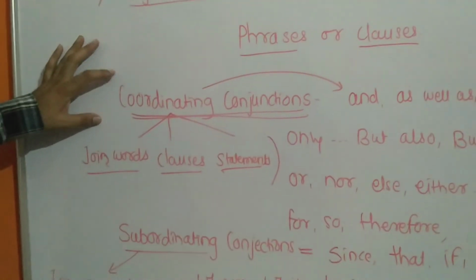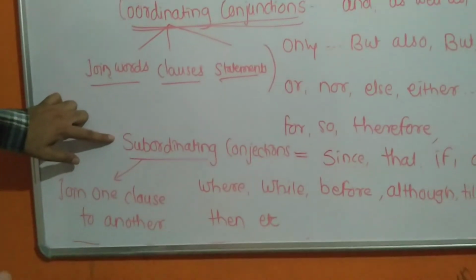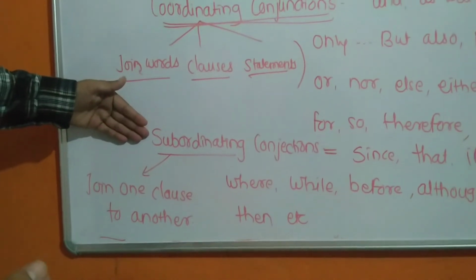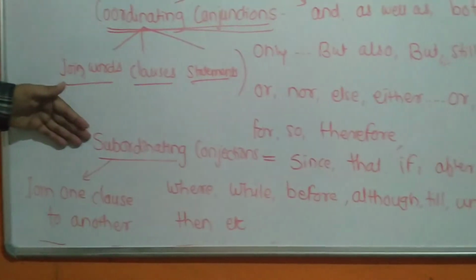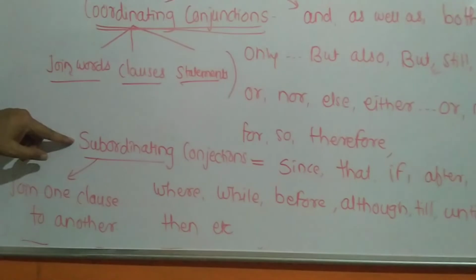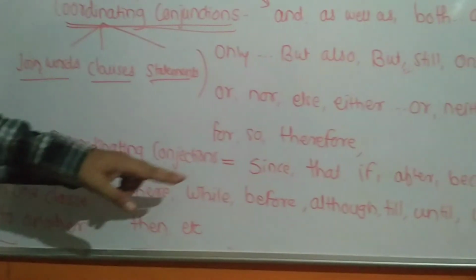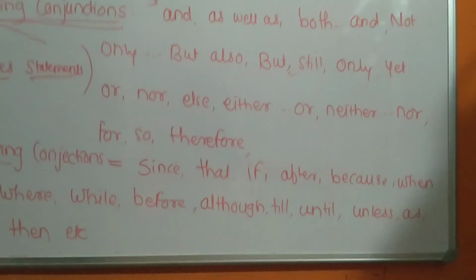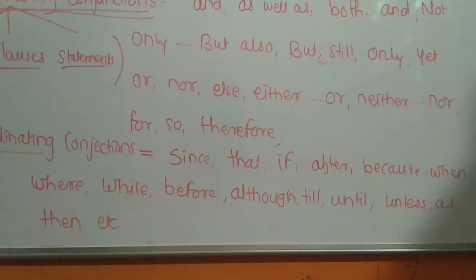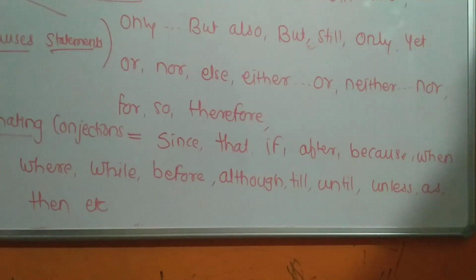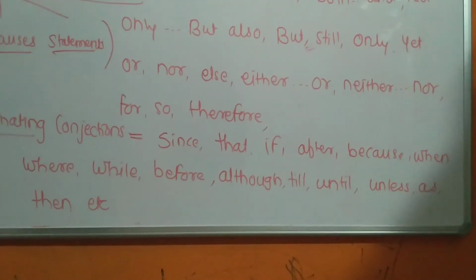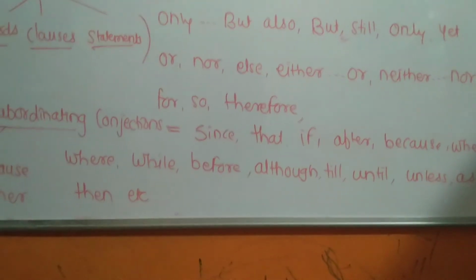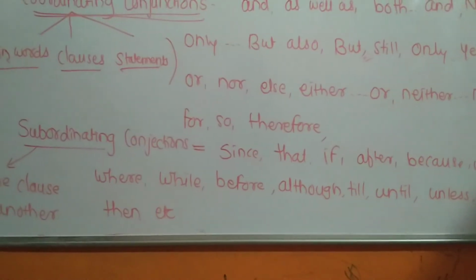And the second kind is subordinating conjunction. Subordinating conjunctions join one clause to another, like since, that, if, after, because, when, where, while, before, another, still, until, unless, as, then, and etc.